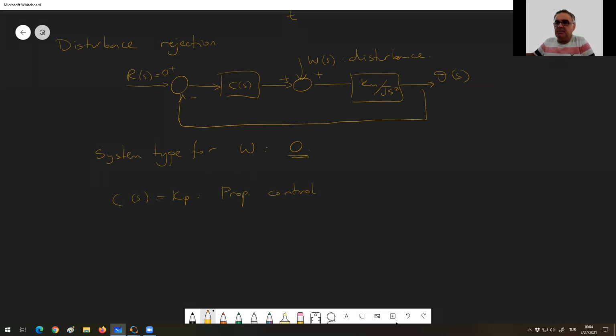As you might remember, we are looking at the disturbance transfer function, Tw of S, okay? And this will be G of S over 1 plus G of S, C of S. Actually, it might even be a minus.